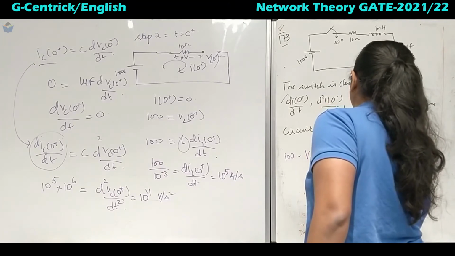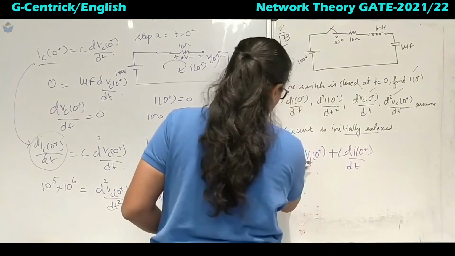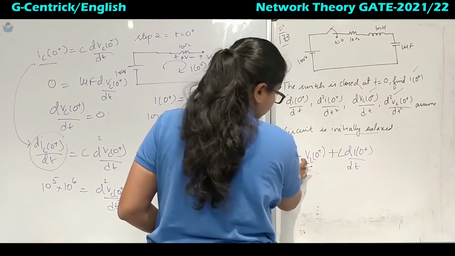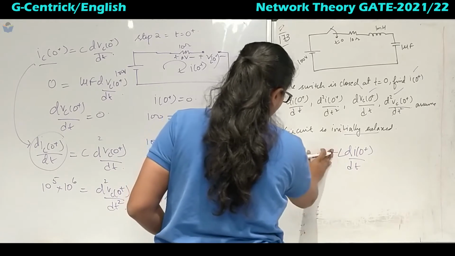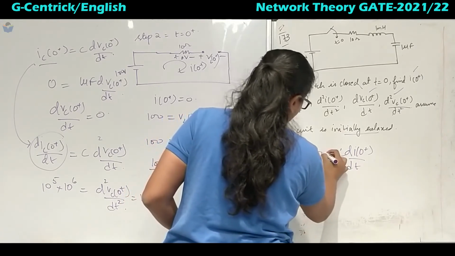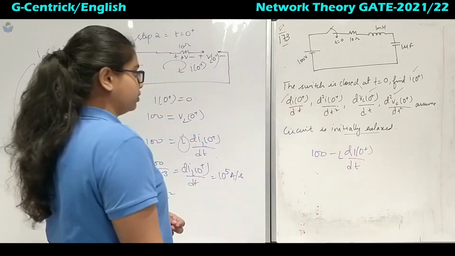VL can be written as L di by dt. So you can write 100 minus L di by dt.